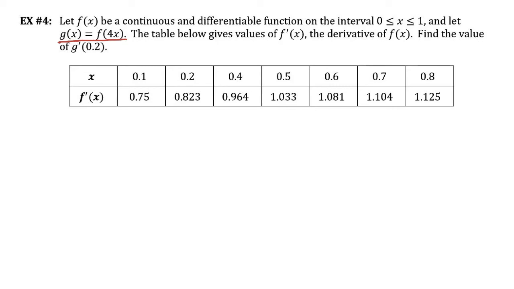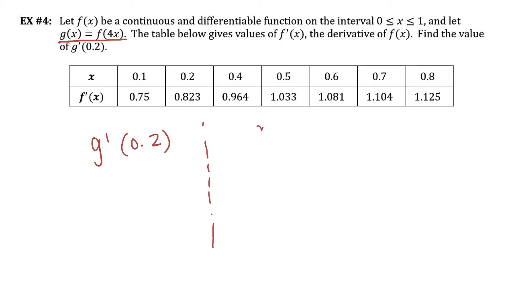The table below gives us values for f prime. Okay, so we want to know, well, what is the derivative value of g prime at 0.2? So we really need to go find first, well, what in the world's the derivative of g of x?